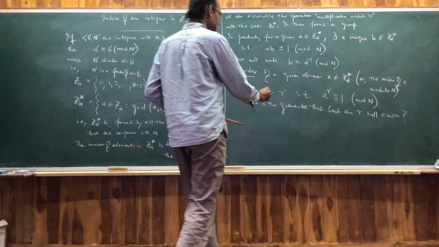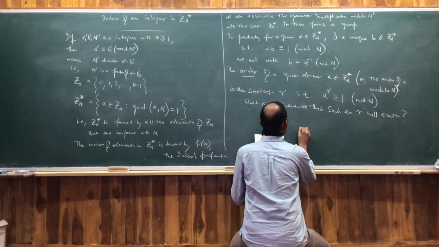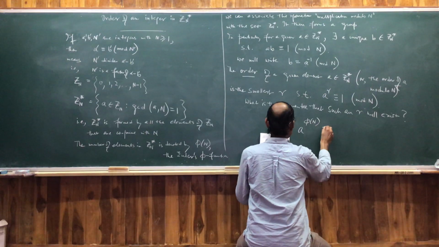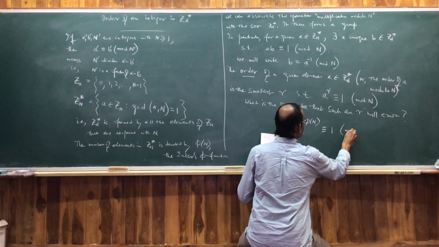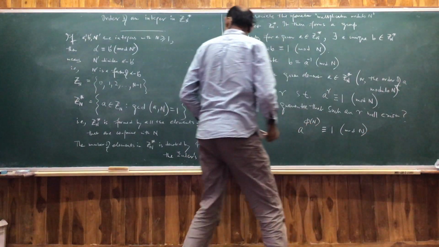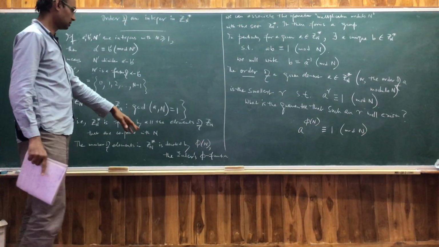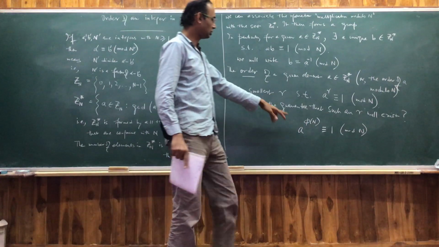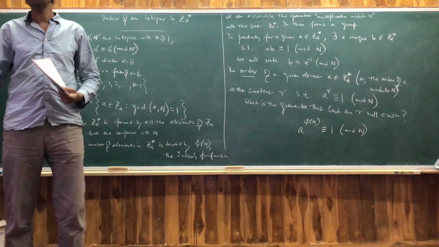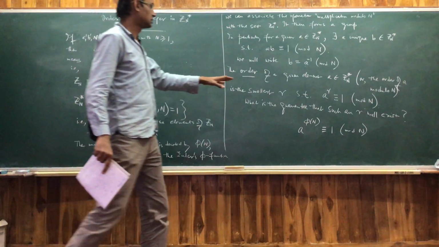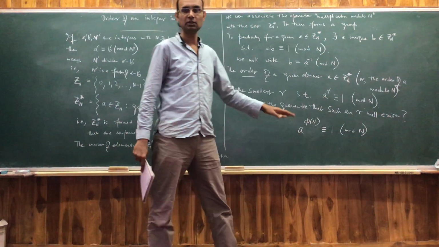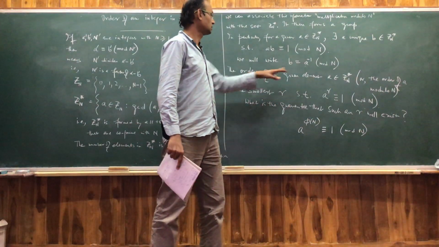So what you know is that A power phi n is always equal to 1. So the number of r's that satisfy this is a non-empty set, so you can find the minimum of that.